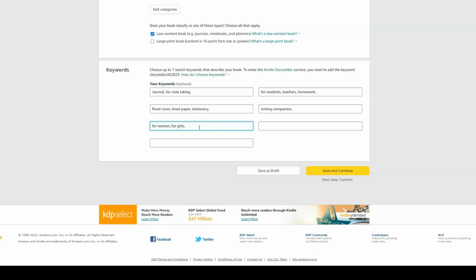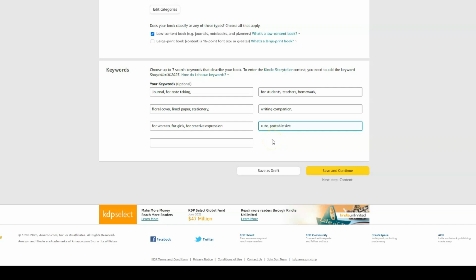And you could also use words like for creative expression, cute, because it's a cute cover. Sometimes people type in cute cover. And I think that's probably all I can think of. Maybe portable size.